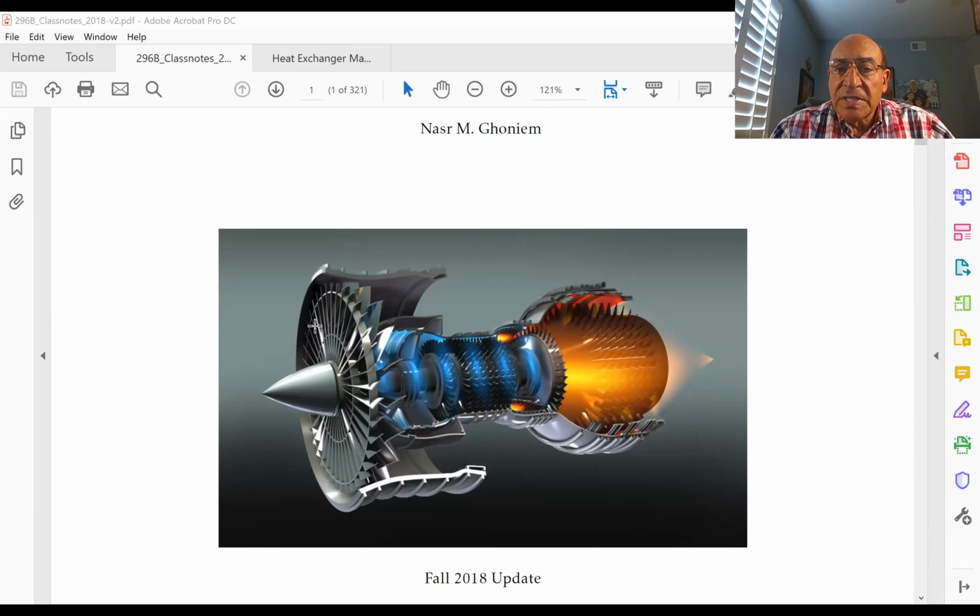The fan will just circulate the air, and the air comes in at extremely high velocity, and the air will eventually go into the combustor.